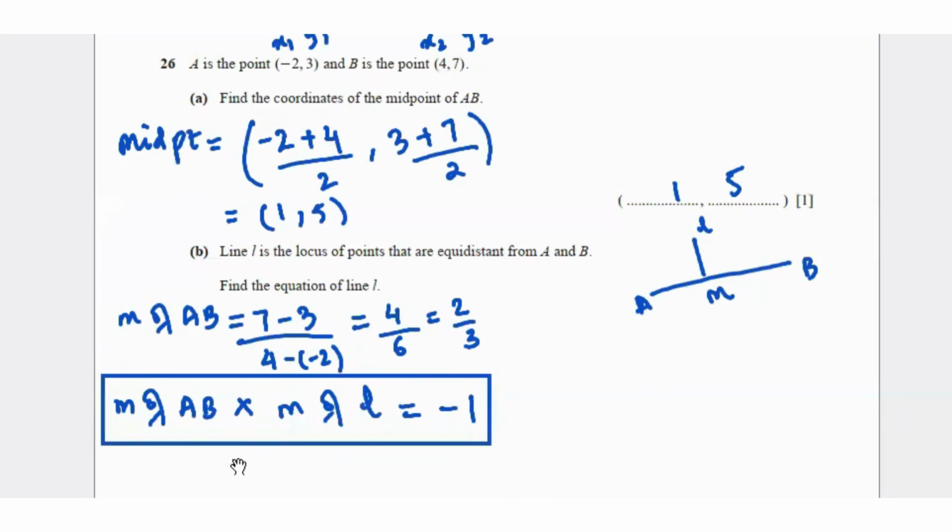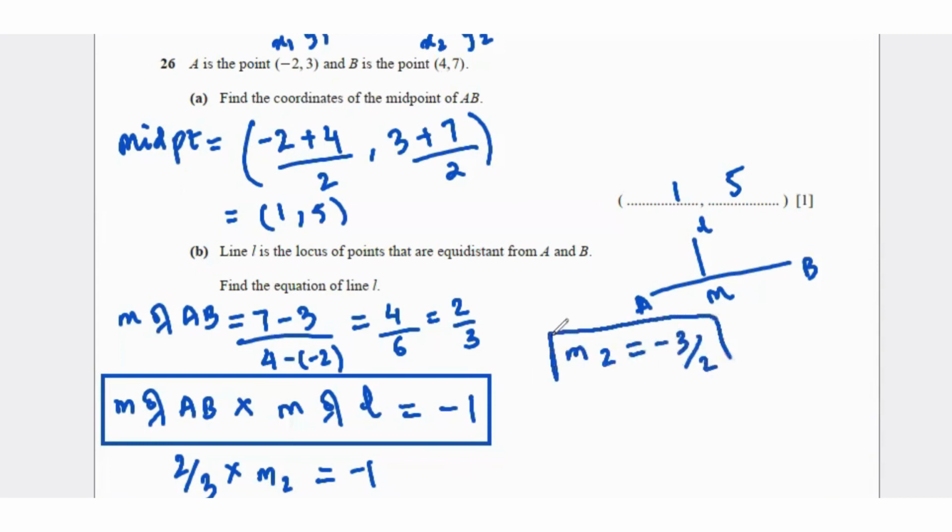So we already have the gradient of AB, which is 2 over 3, times x equals -1, which means x, instead of calling it x, I'm going to call it M2. So M2 is going to be -3/2. That is your gradient of L. Now we're going to use this gradient to find the equation, and the point we're going to use is (1, 5).